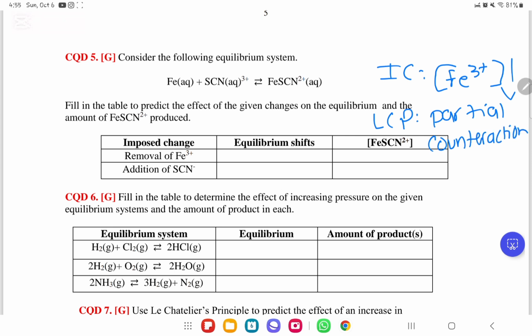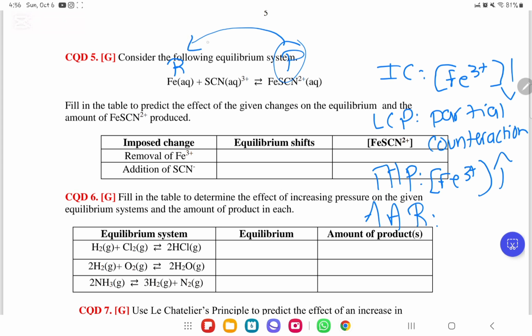Okay? Now, how does this partial counteraction happen? This happens by increasing the concentration of Fe3+. So, as a result, since the Fe3+ is in the reactants and this is the product, it needs to gain concentration. So it will take concentration from our product, so the products are giving to our reactants.